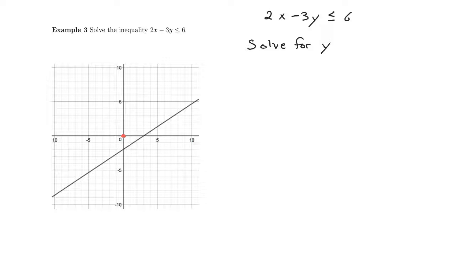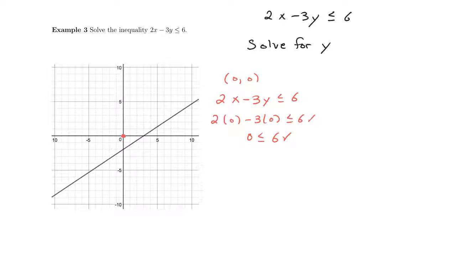So I'm going to test (0, 0) in 2x minus 3y is less than or equal to 6. This one's pretty obvious because you have 2 times 0 minus 3 times 0. Is that less than or equal to 6? It is, because 0 is less than or equal to 6. So actually, I know that we're going to shade above this line.